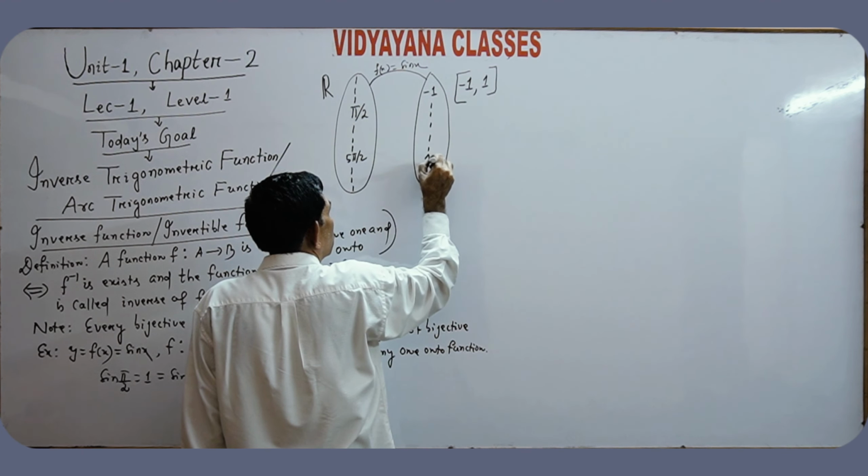That means the function is not one-one, which implies f inverse, that is, sin inverse, does not exist.